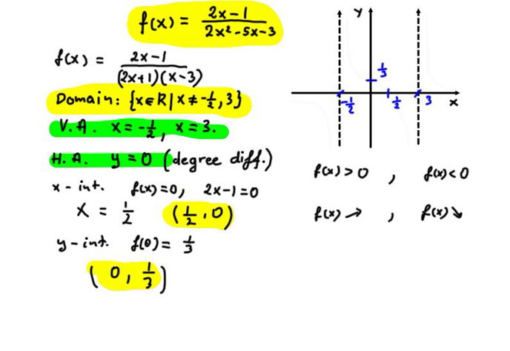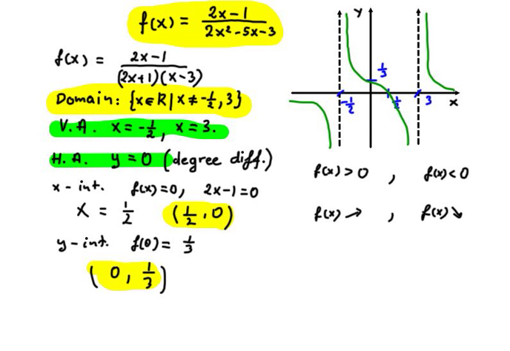So the graph will now be shown here on the grid. Okay, the green line. The discontinuity is only found at vertical asymptotes. So we have one y-intercept, one x-intercept, two vertical asymptotes, and that's the graph of this new rational function.